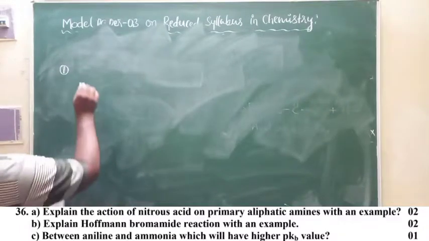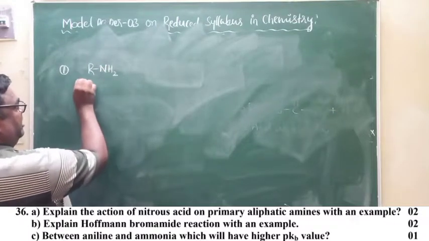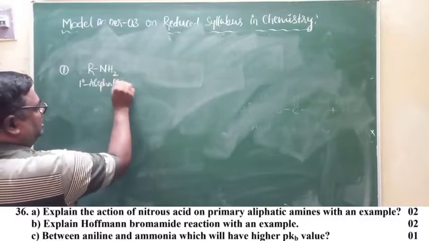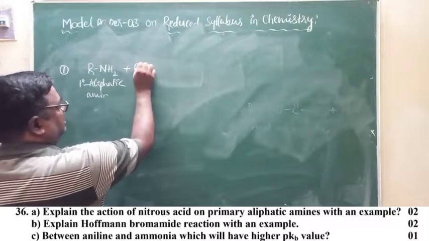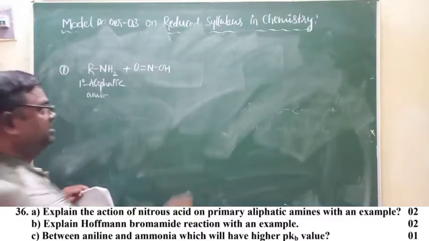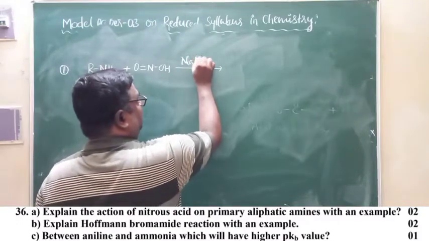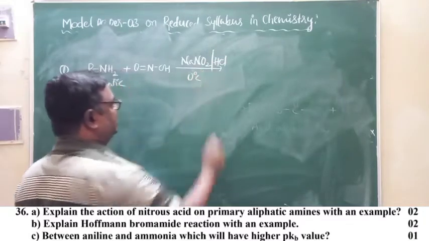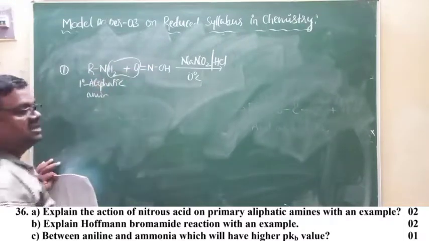First one, the action of nitrous acid on primary aliphatic amine. That reacts with nitrous acid at low temperature. Nitrous acid is nothing but sodium nitrite in dilute HCl at about 0 degrees Celsius. The reaction goes like this.